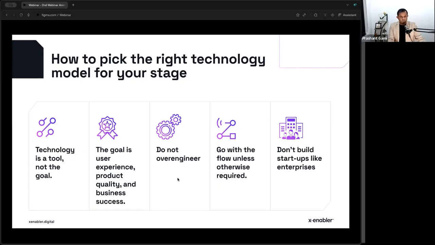It's easy to find replacement talent, easy to switch to someone else, or change to some other technology. The tooling and the ecosystem are available for most of the common technology. So it's not just about the technology, but everything surrounding the technology as well, right? And as I mentioned, don't build startups like enterprises. Don't overcomplicate. You will need structure, but that structure does not need to be complex.